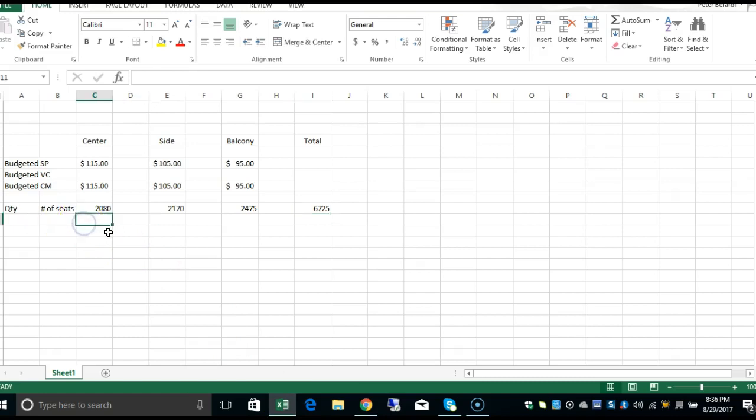So the percents, basically 2,080 divided by the total, and we'll hold that cell.